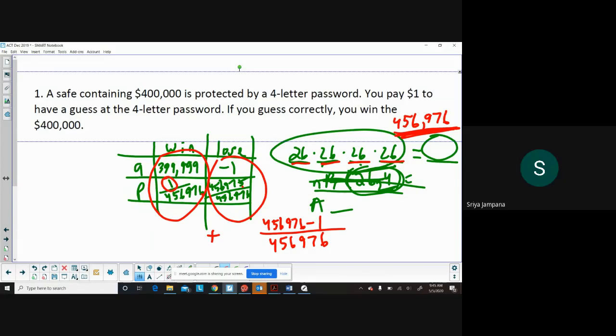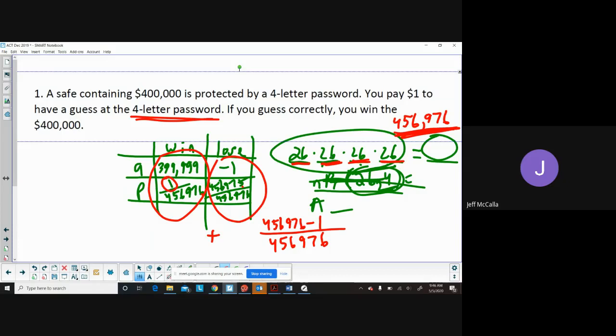Okay. See, what I was doing was, because there are 26 letters, I did the probability as 4/26. Am I not supposed to do that? Yeah, because it's a 4-letter password. If it's a 1-letter password, which would be, by the way, amazing, because you'd have a 1 in 26 chance of winning $400,000, that would be the case. But this is a 4-letter password, so that's why you had to do the slot method and multiply 26 times 26.